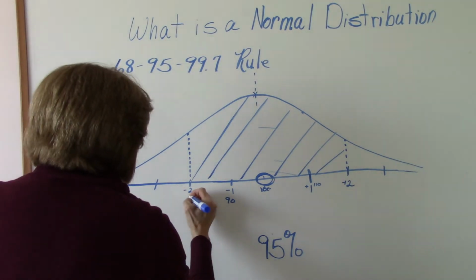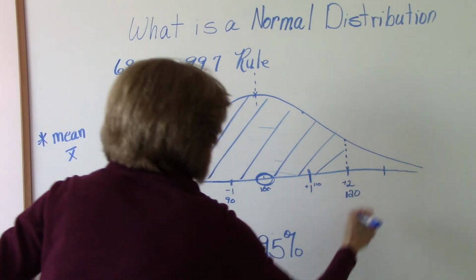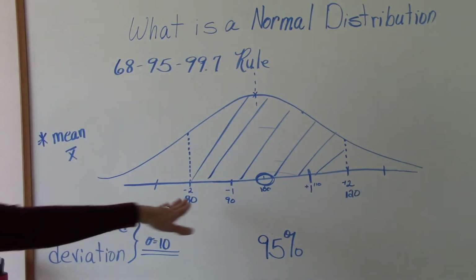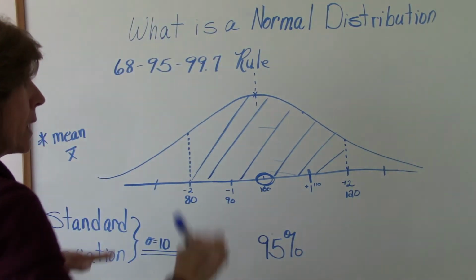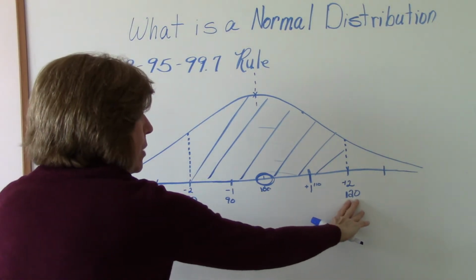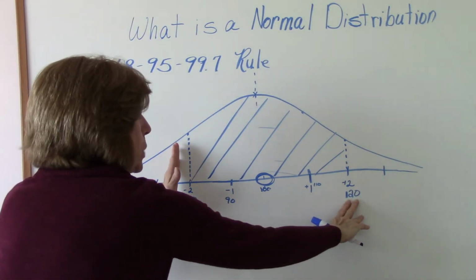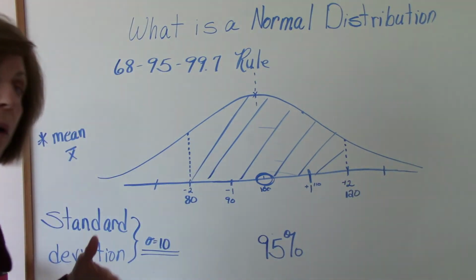So now we're at 80 pounds and 120 pounds. Okay, so we had 80, 90, 100, 110, 120. So what we're saying here is 95% of the data will fall between 2 standard deviations below the mean to 2 standard deviations above the mean.